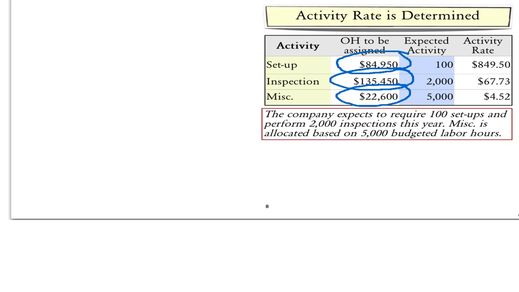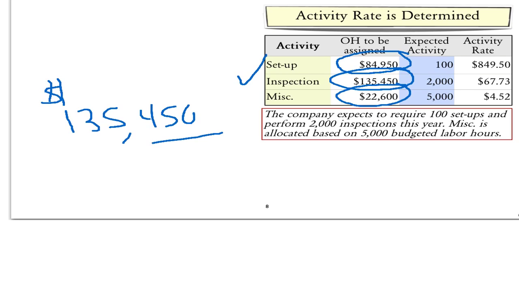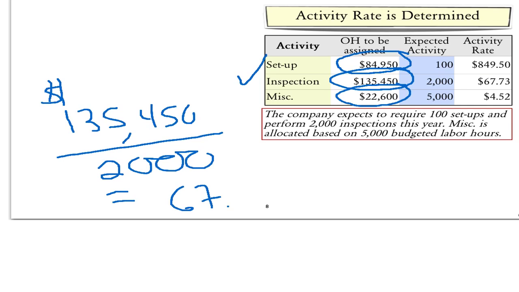So for example, in the case of inspections, we take the $135,450 and divide by the expected number of inspections, and that equals approximately $63.73 per inspection.